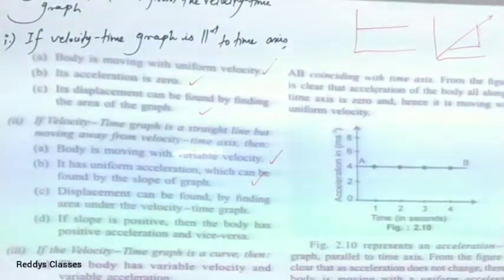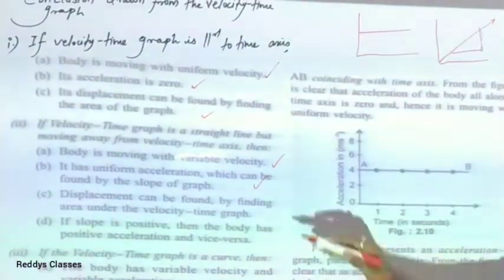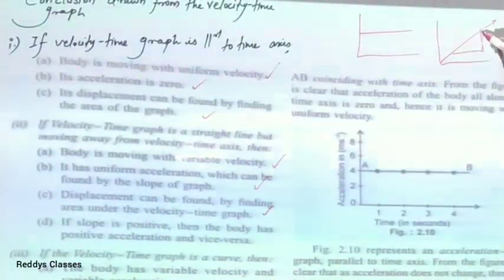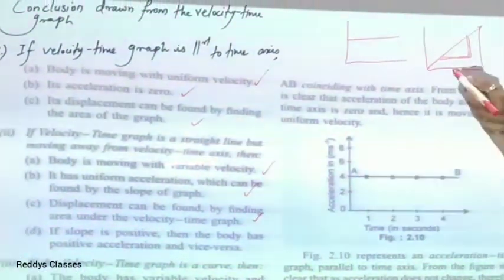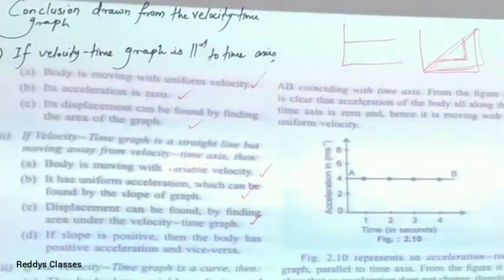Here, displacement can be found by finding the area under the velocity time graph. We can consider this as a triangle and this part as a triangle, and the whole triangle gives the displacement. Fourth, if the slope is positive, then the body has positive acceleration. If the slope is negative, then the body has negative acceleration, or deceleration or retardation. Clear?